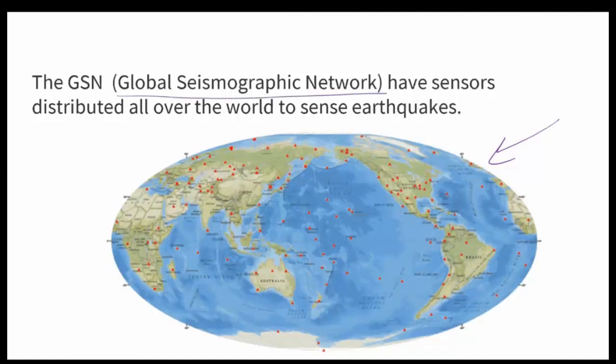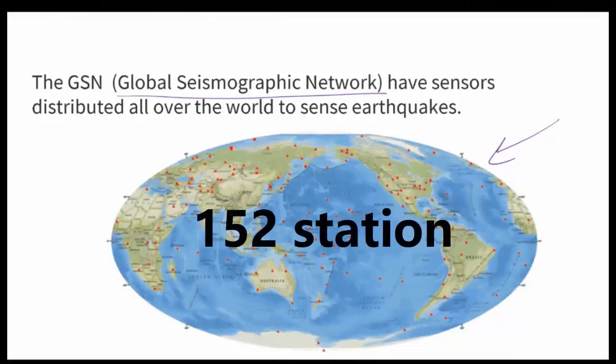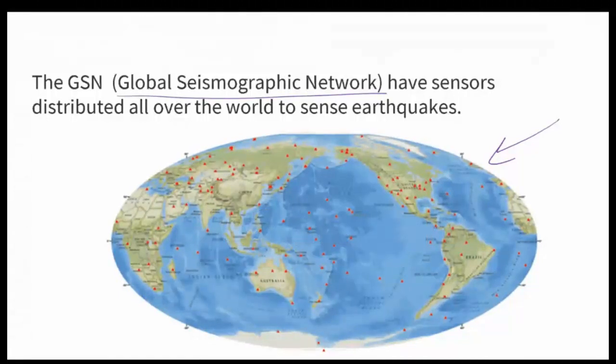There is a network called the Global Seismographic Network that has sensors distributed in the continents and in the oceans, communicating through satellites and internet. One of them lies here in Saudi Arabia. If you look at the map, there is one sensor here in the middle of Saudi Arabia.